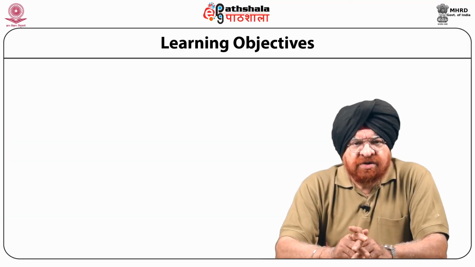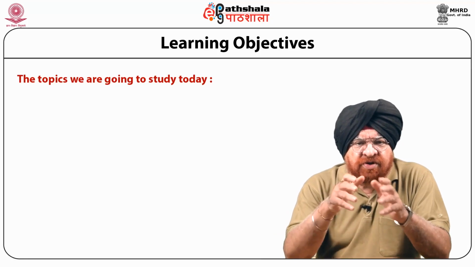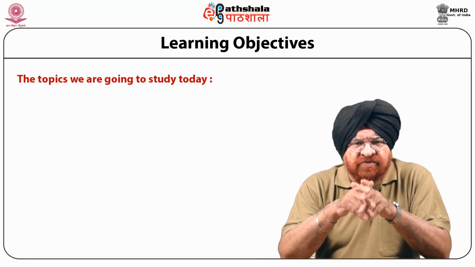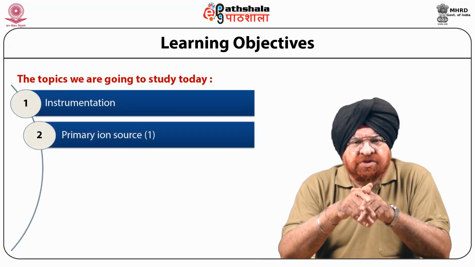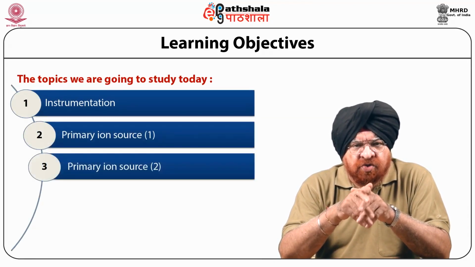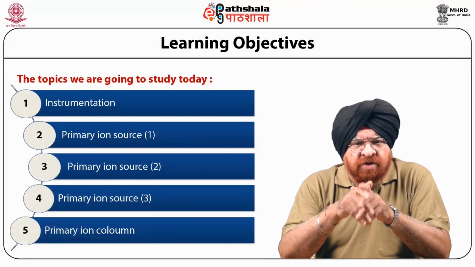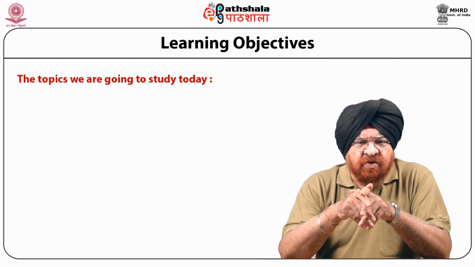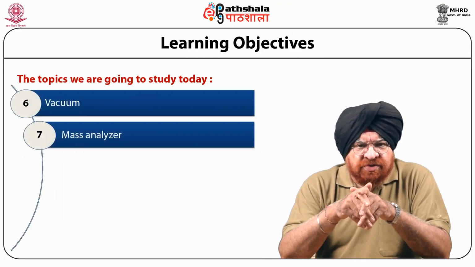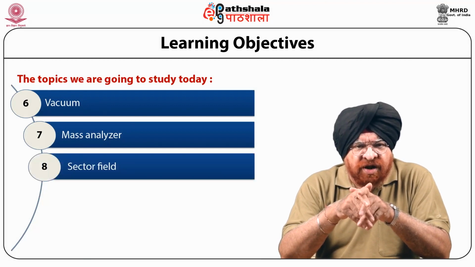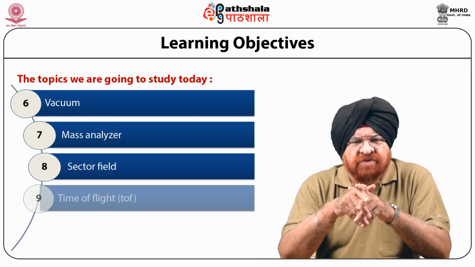So here we start. The topic that will be covered in this particular module will be dealing with instrumentation. Then we have primary ion source 1, primary ion source 2, and primary ion source 3. Primary ion column will also be there, which will also have a vacuum, then mass analyzer. After that, we'll have sector field, and lastly, a very important part which deals with time of flight.